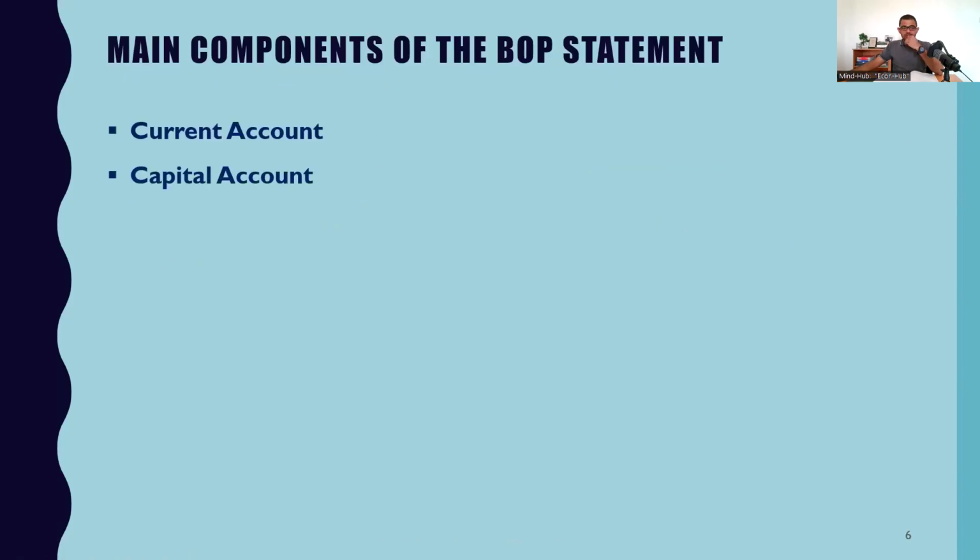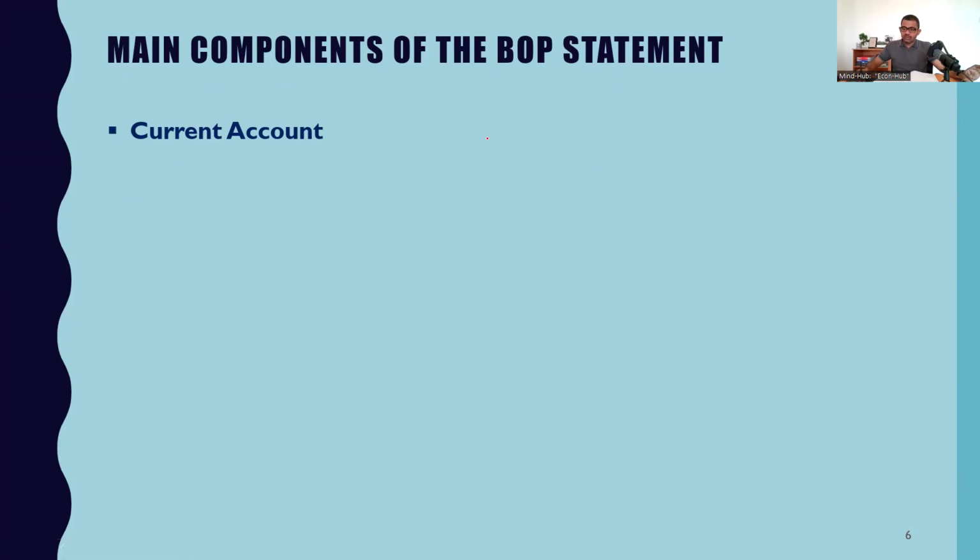Right. So first, we'll start off with the main accounts. There are three main accounts in the balance of payment statement. What are they? Current account. You can wait for me to bring this whole thing onto the virtual whiteboard, then you can start writing if that is more comfortable. Three accounts: current, capital, and financial.